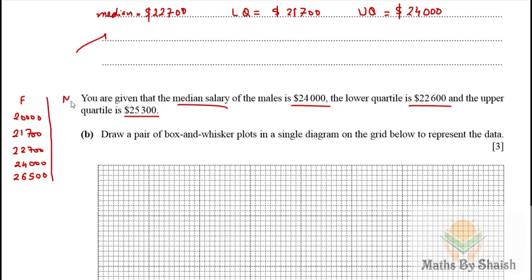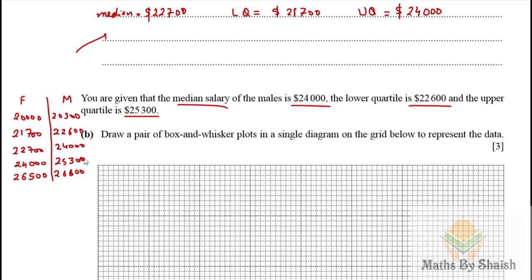Now for males, the minimum value was $20,300, the maximum value was $26,600, and the rest of the values we have been provided: lower quartile $22,600, median $24,000, and upper quartile $25,300.